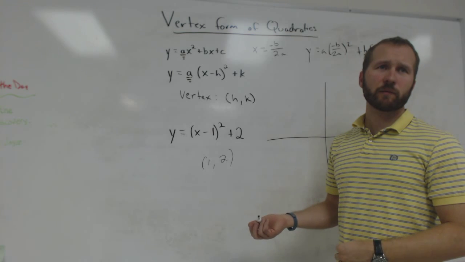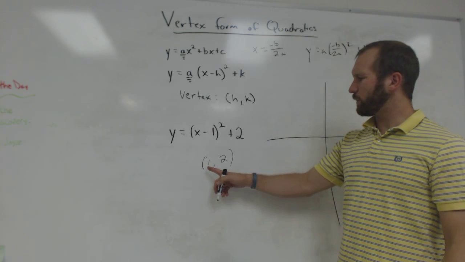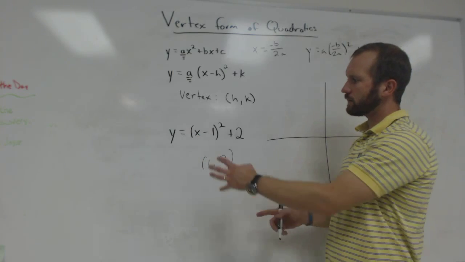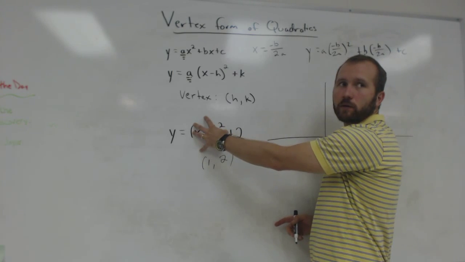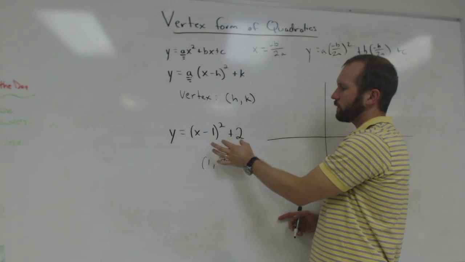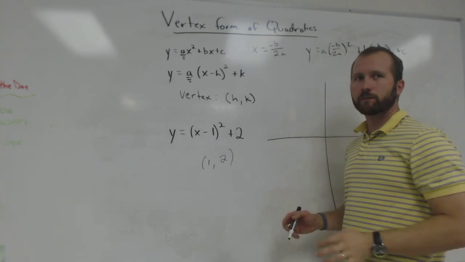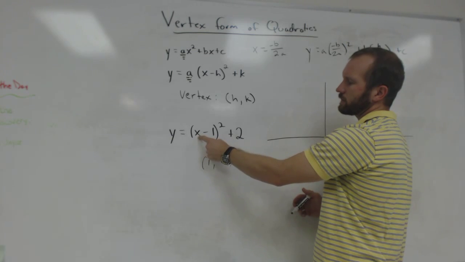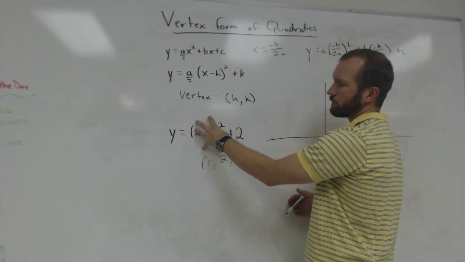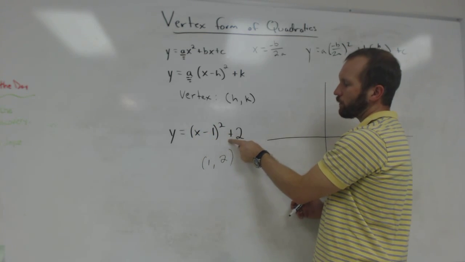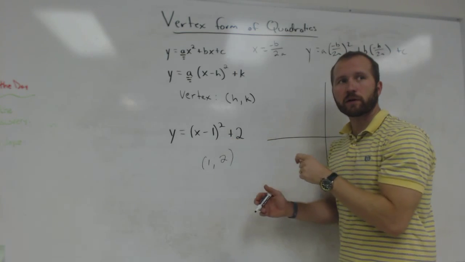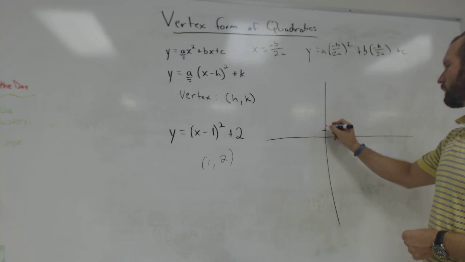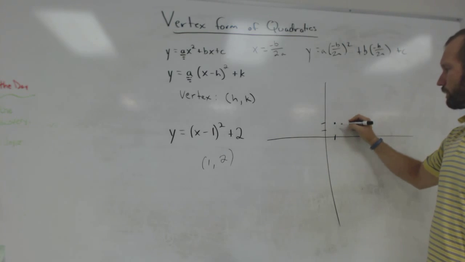Now the way that I remember this is if we plugged 1 in for x, this whole thing would become 0, and we would just have the 2 left. So the x part of the vertex is designed to make this go to 0, and the y part is whatever's left over here.